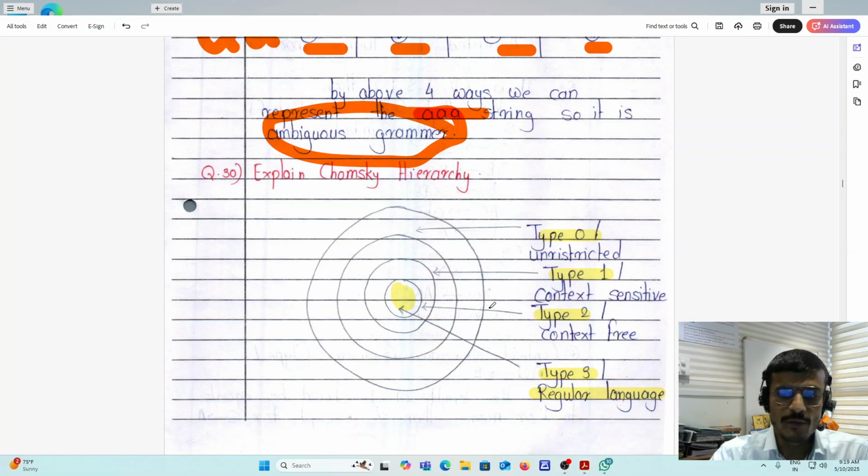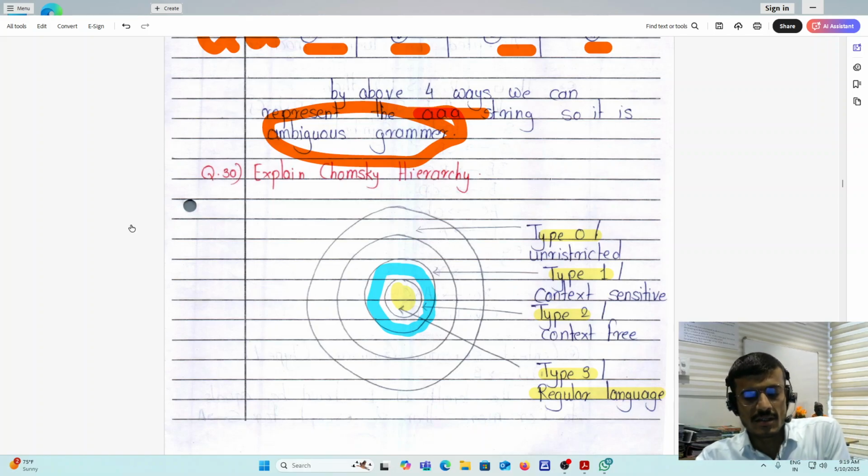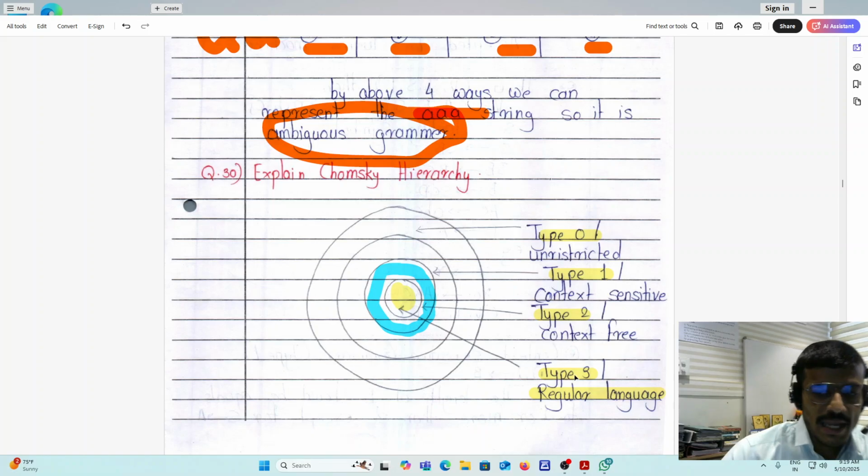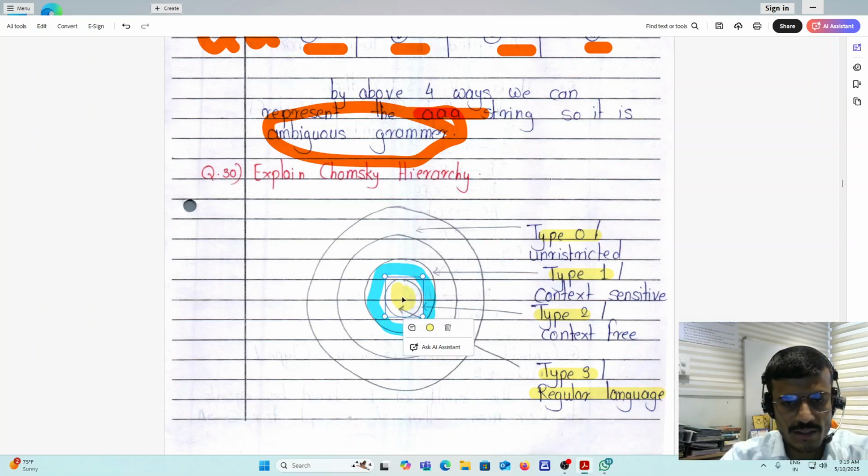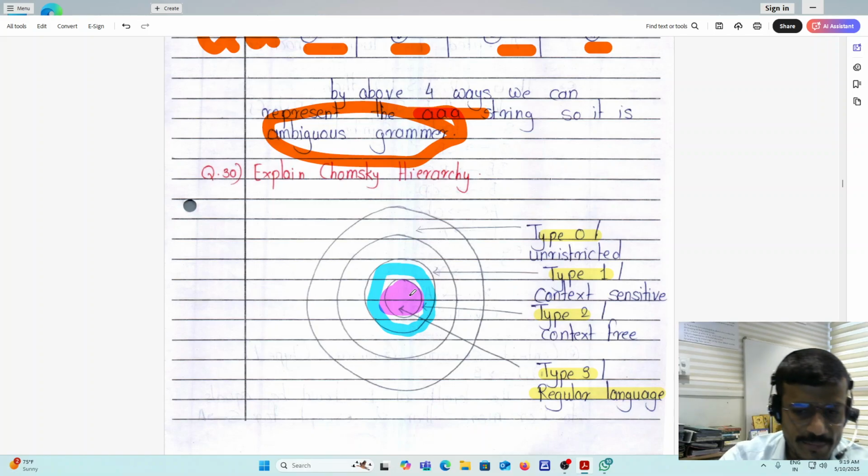Then type 2 is context free. Once again I am repeating here. Type 3 is nothing but the regular language, which is accepted by finite state automata. This one I am highlighting here, which is accepted by finite state automata, that is called type 3, which accepts the regular language.